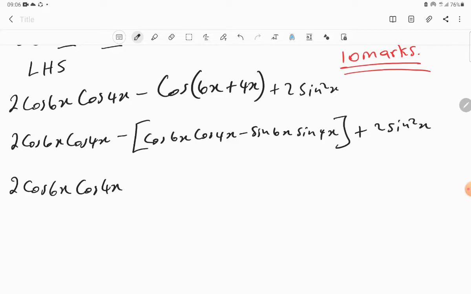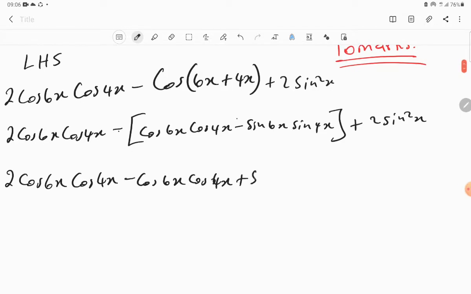Taking this negative through the bracket, we will have negative cos 6x cos 4x, then plus, because negative and negative gives you positive, sine 6x sine 4x. Then don't forget to add that one over there.